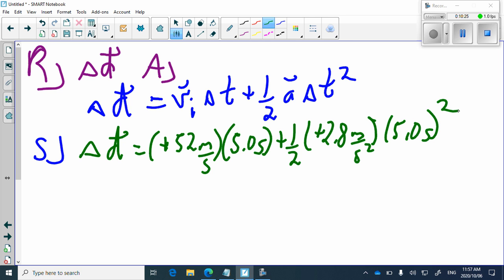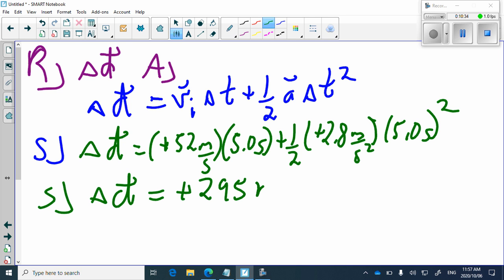So here's my solution. Displacement equals positive. That gives me the direction. 295 meters, and we're done.